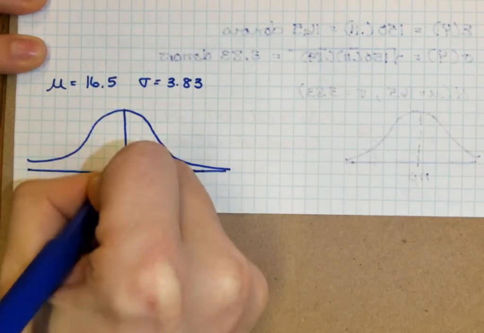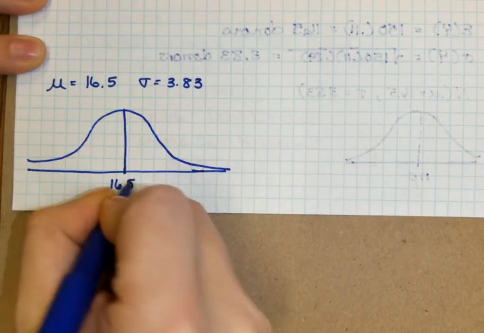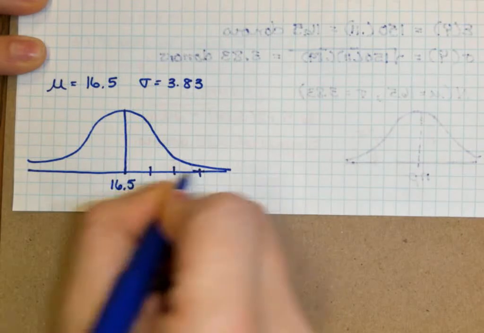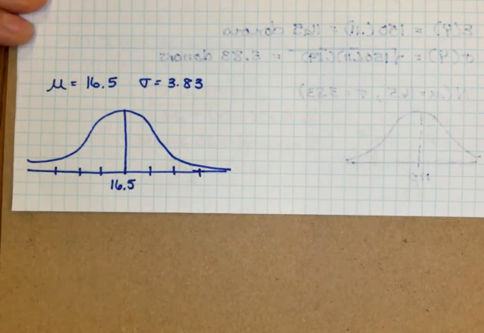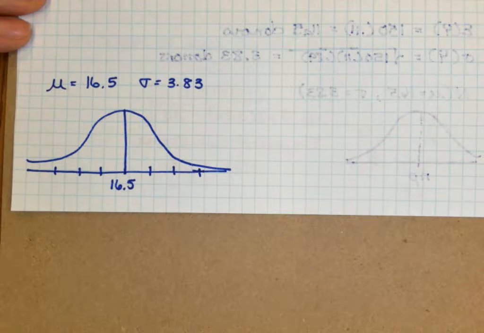So my mean is at 16.5. My standard deviation, I go out 3 in either direction. What do we consider surprising? More than 2. 3 is like smack your grandma crazy, because you must be crazy if you're smacking your grandma. Okay, so 2 is good.